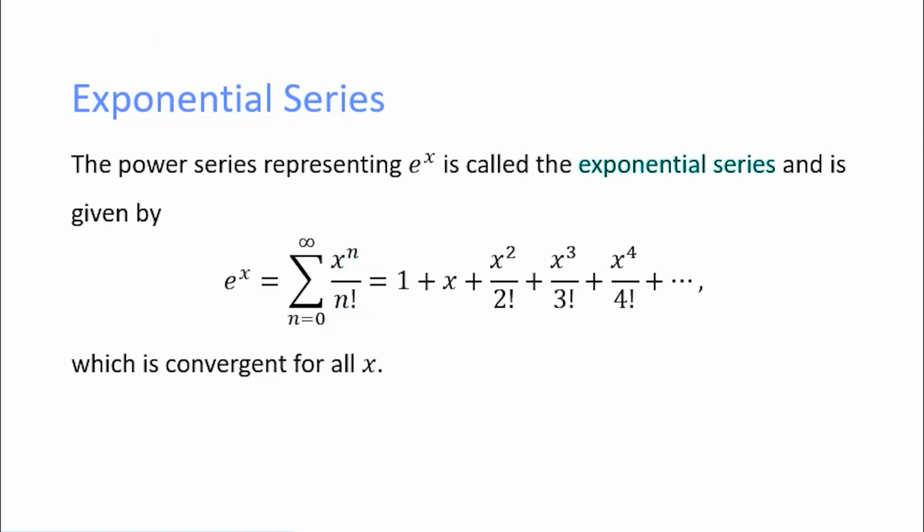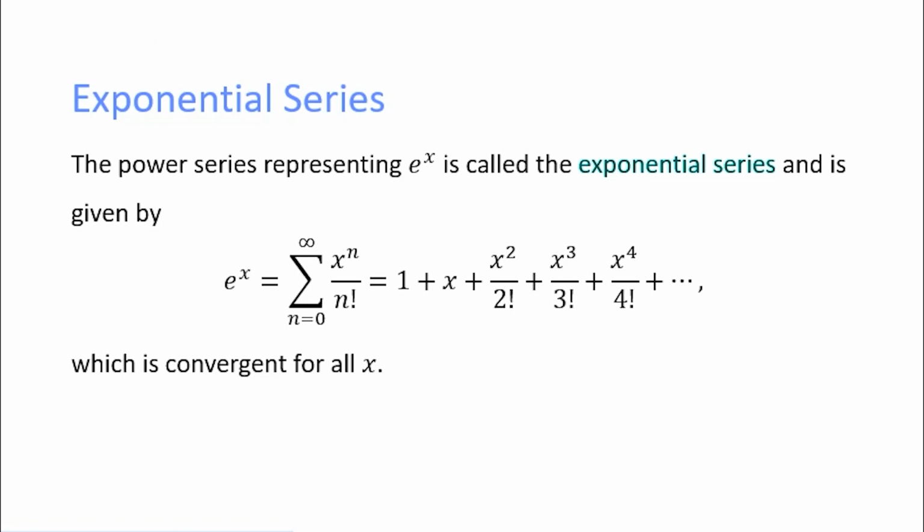So 1 over 1 equals 1. Now let's see if we use n equals 1, that will give us the second term. x to the power of 1 is x. 1 factorial is 1. x over 1 gives us x simply. So this was the explanation of the first two terms.